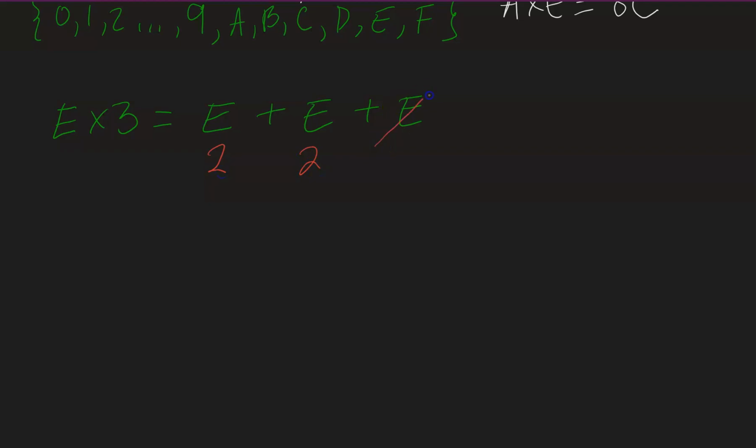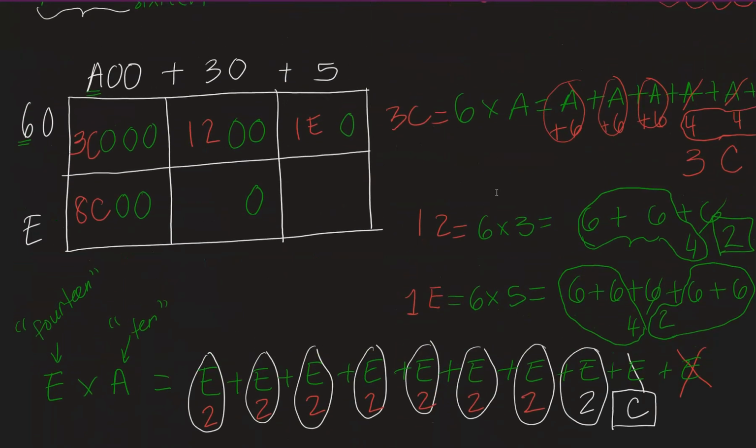And I'm gonna have to take those 2 and 2, meaning I would have to take 4 from E. So take 4 from E, meaning to go backward. 1, 2, 3, 4. I am at A. So here I have 1 full group of 16, 2 full groups of 16, and A. So that would be 2A. Okay, so E times 3 is 2A. Let's go back. This right here is 2A, 0.